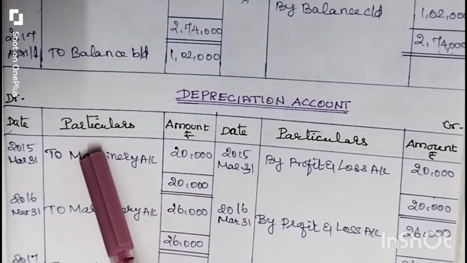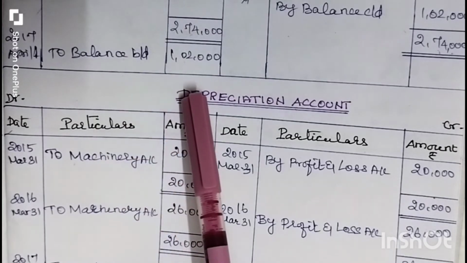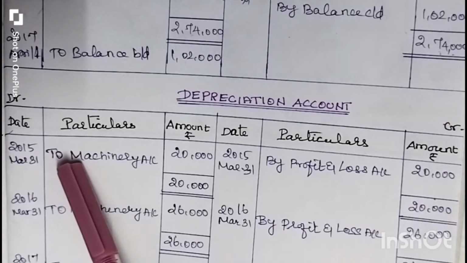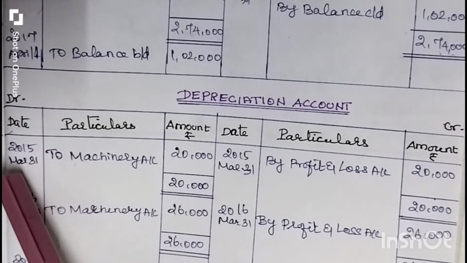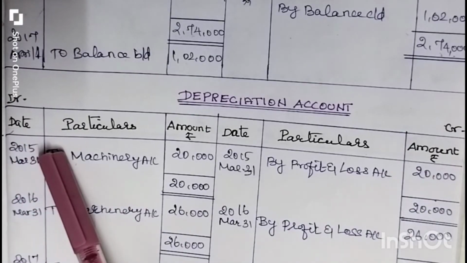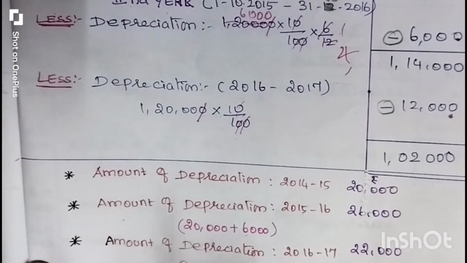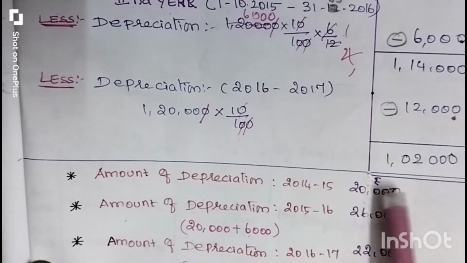Depreciation account debit to machinery account, right? Where is the depreciation account? Depreciation account is on the debit side. So you go to the debit side and enter the opposite account name, that is to machinery account. On 31st March 2015, you get 20,000 rupees depreciation value. So for March 2014 to 15, the amount of depreciation is 20,000.